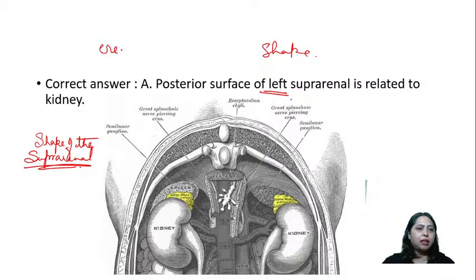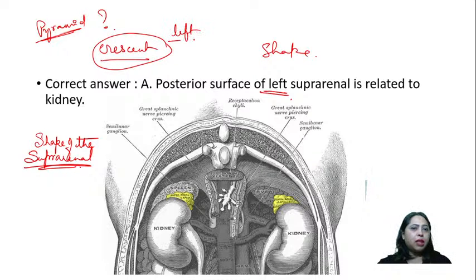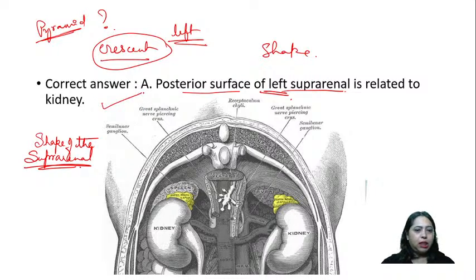Which one is crescent? Which one is pyramid? So the left one is crescent shaped. That's why the posterior surface of the left suprarenal is related to the kidney.